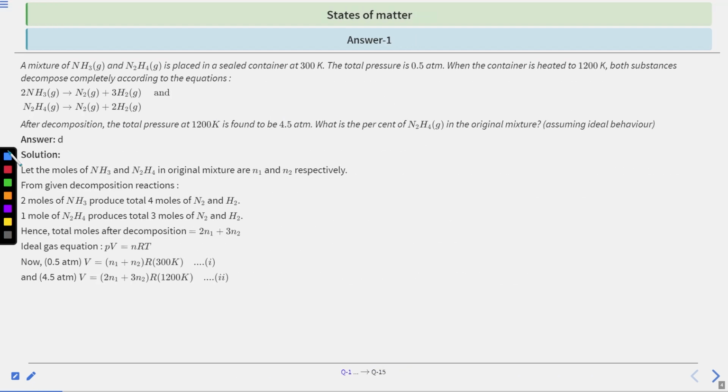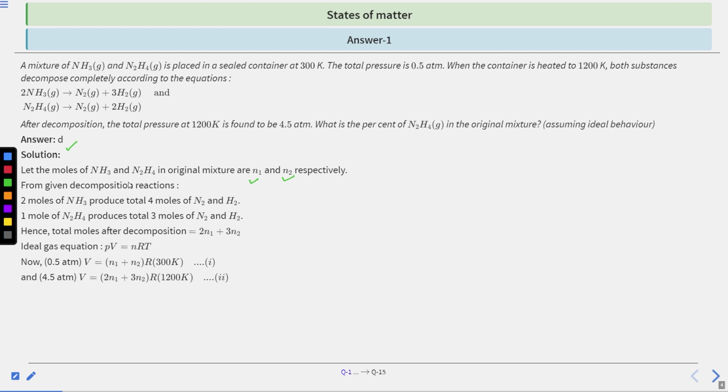Okay, so the correct answer is option number D. Let the moles of NH3 and N2H4 in the original mixture be N1 and N2 respectively. From the given decomposition reactions, 2 moles of NH3 produce a total of 4 moles of N2 and H2, and 1 mole of N2H4 produces a total of 3 moles of N2 and H2.